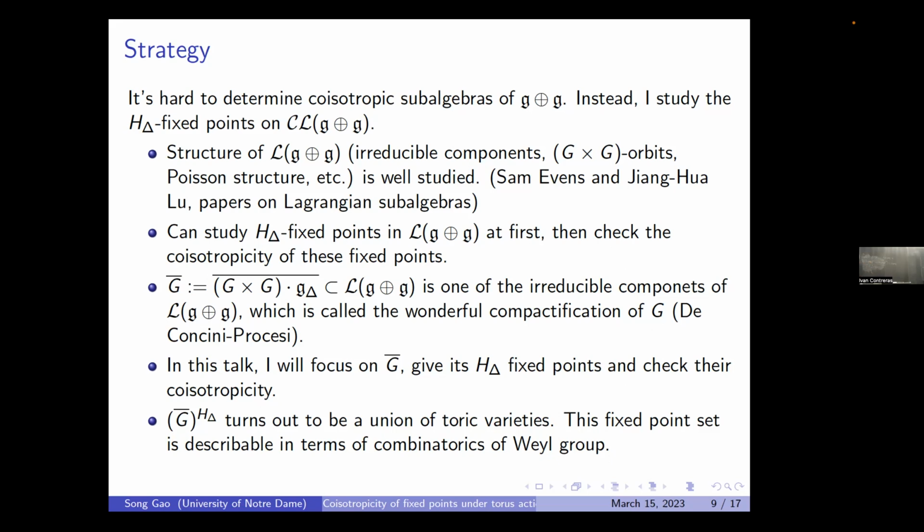You can check that the stabilizer at G diagonal is equal to G diagonal. So this orbit is just isomorphic to G cross G modulo G diagonal, and this is isomorphic to G. So you can regard this orbit as a copy of G inside this variety. Its closure is called the wonderful compactification.